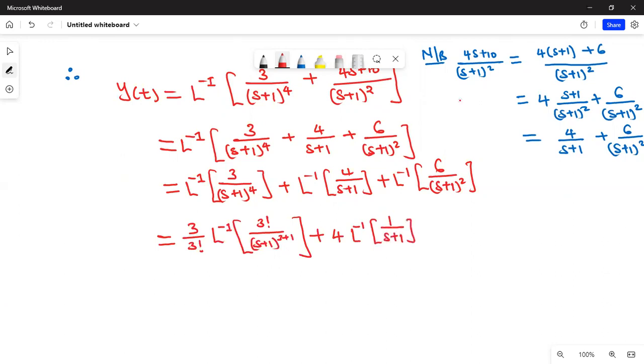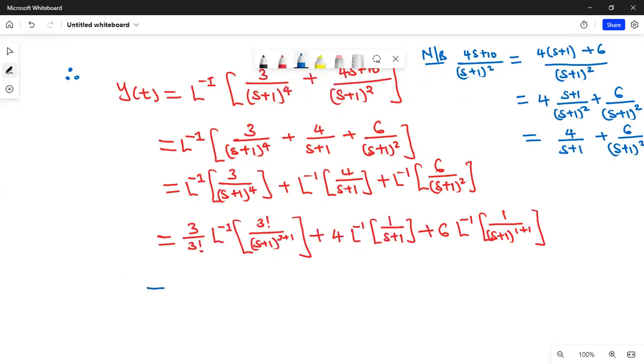The last term, I can see this power 2, so I expect n plus 1, so n is 1, so I expect a 1 factorial in the numerator, so I can factor out 6, L inverse of 1 over (s plus 1) squared, and that squared means it is 1 plus 1, so instead of square, let me write here 1 plus 1, so that you can easily read the inverse.